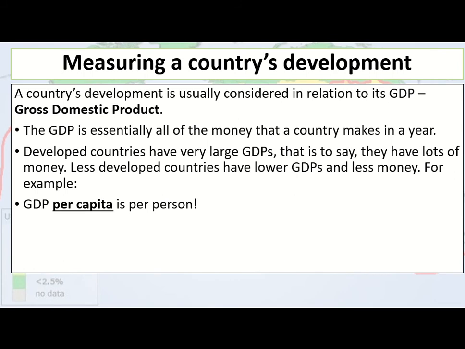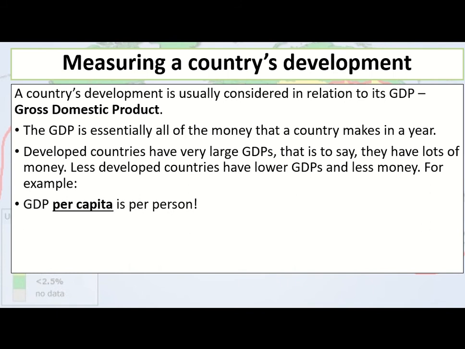Now, GDP per capita is a way that we can make this a little bit easier to write, because if you're talking about a million, the amount of zeros on the end of that figure is stupid. So writing that down and comparing it can be a bit of a pain.